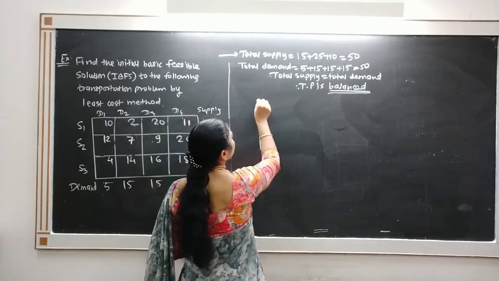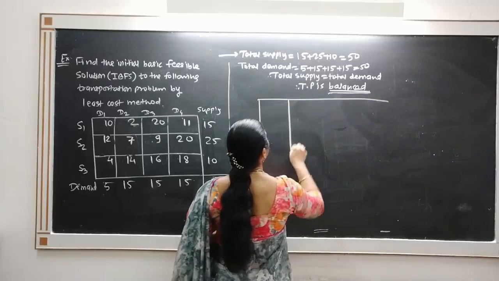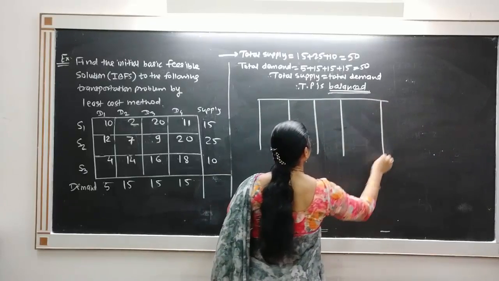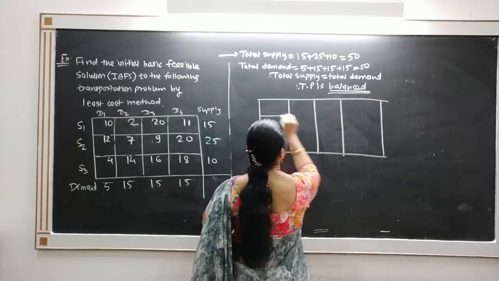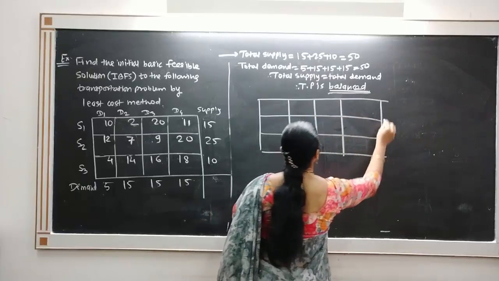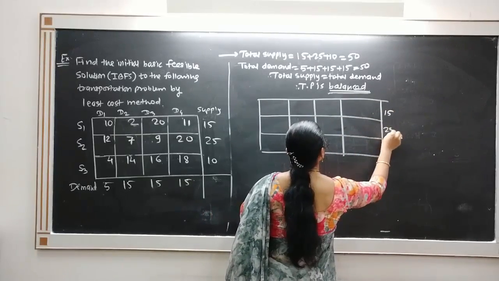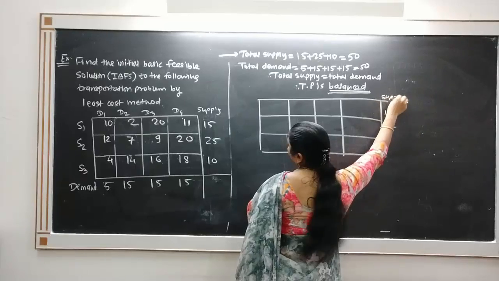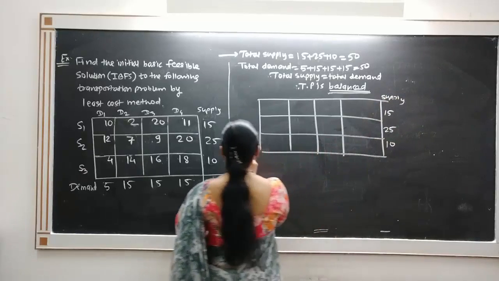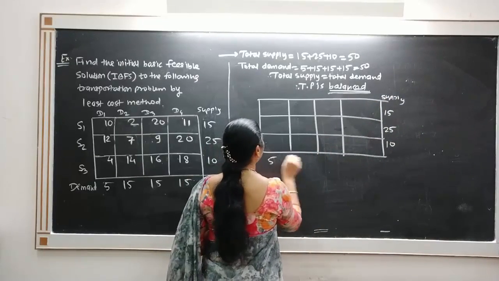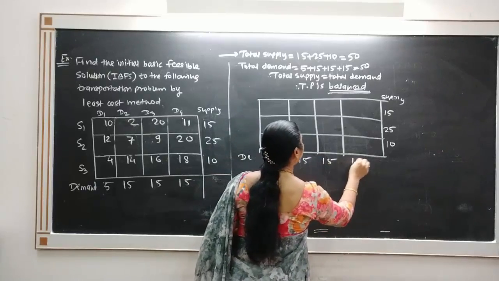So consider the problem again. That is supply 10 and demand is 5, 15, 15, 15.